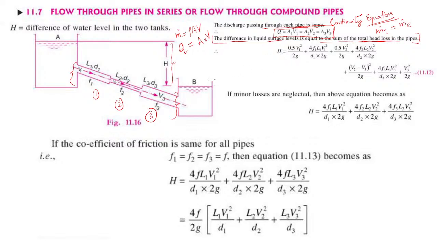Before that, you should also analyze by yourself what the different losses taking place are. Initially the fluid is entering from this vessel A into pipe 1. So first of all the water is entering.